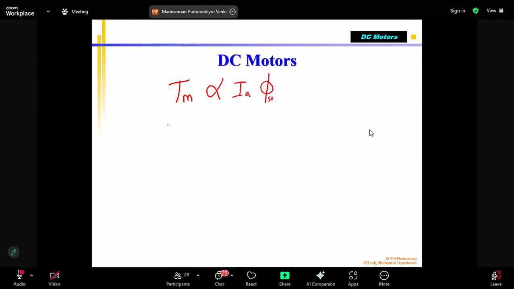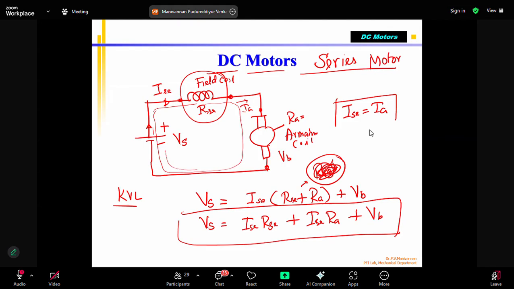Now, as you increase the supply voltage, I can vary the supply voltage from 0 to 100 volts. For example, this motor is 0 to 100 volts. Some motors may be 0 to 10, some may be 0 to 1000 volts, whatever it may be. For understanding, take 0 to 100. The I series will increase.